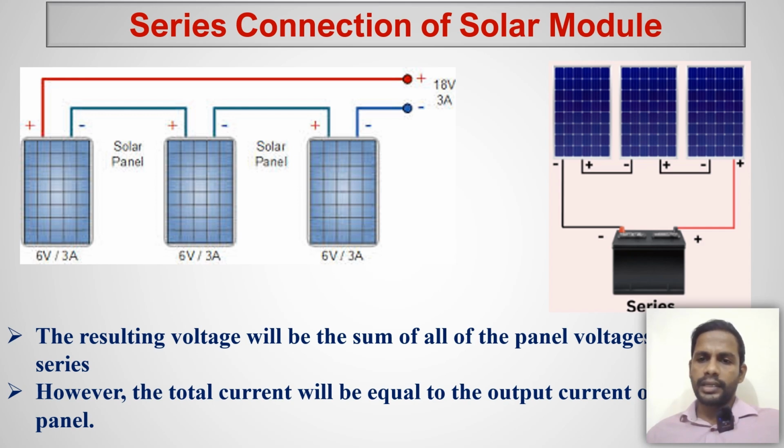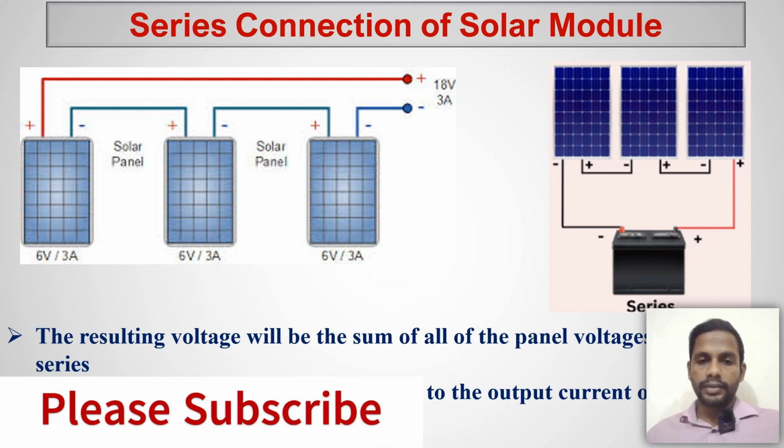The negative goes to the battery and the positive goes to the battery. The resulting voltage will be the sum of all the panel voltages. However, the total current will be equal to the output current of each panel or module. So if you want more voltage, we have to connect more modules in series.